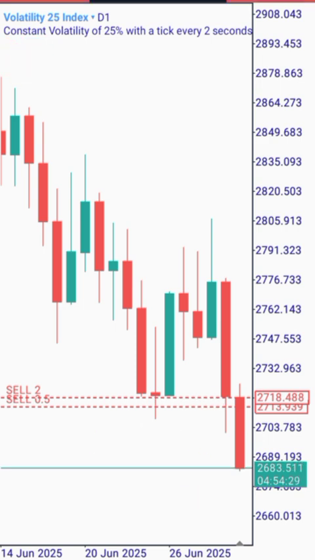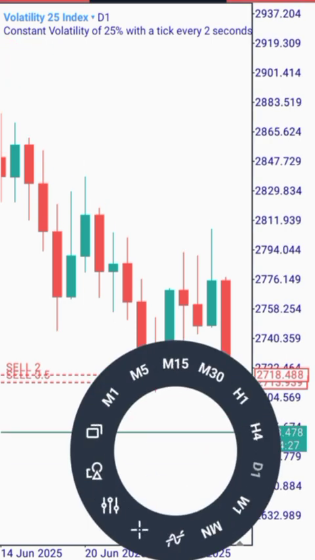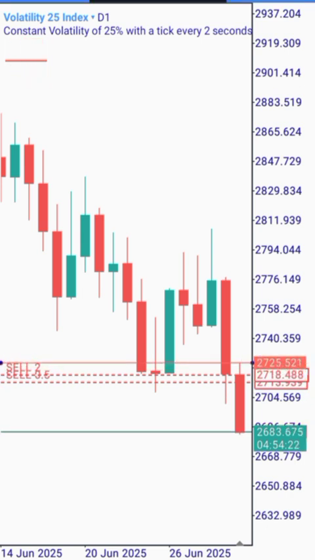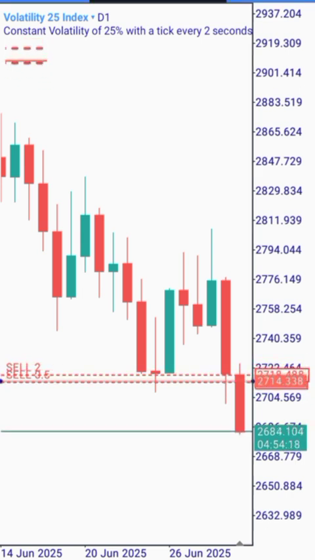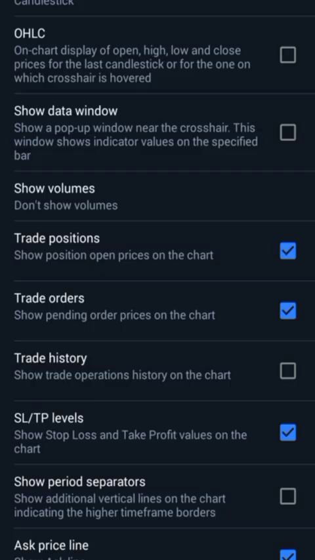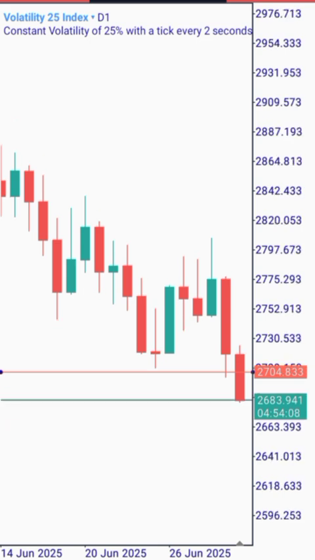The reason why I took this sell is because the market has already given me a wick. So how I normally do it, I will place my stop loss above the wicks. Let me remove these trade positions.